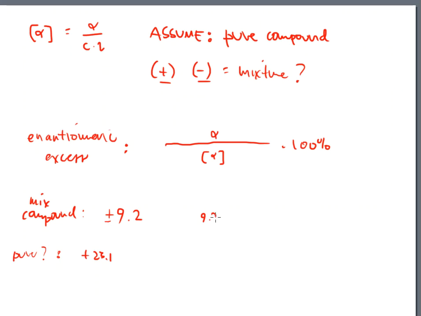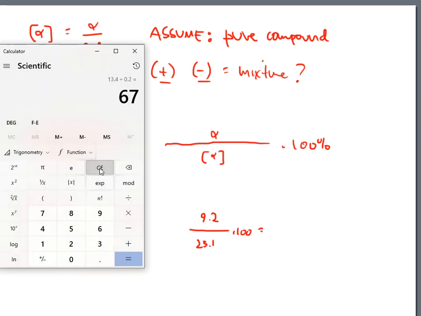My mixture is 9.2. The pure, the enantiomerically pure compound should be a 23.1. So that equation tells me I just need to divide them, and I multiply by 100. How hard can this get, right? Why am I even in this class? This is pretty easy.